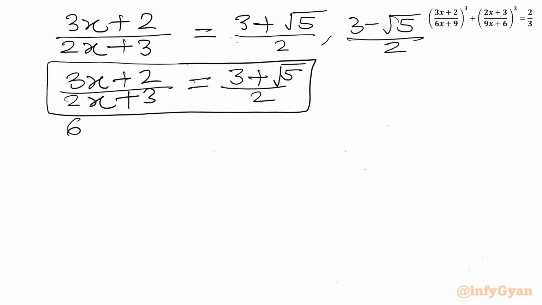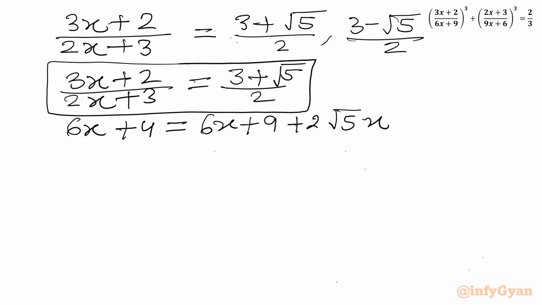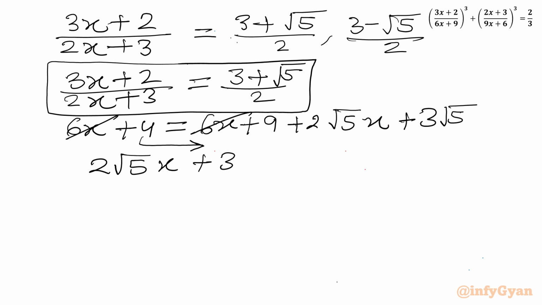Cross multiply, I will get 6x plus 4 equal to 6x plus 9 plus 2 root 5x plus 3 square root 5. Now 6x and 6x will cancel. Now I will take this 4 to the RHS. So it will become 2 square root 5 times x plus 3 square root 5 plus 5 equal to 0. Let us take root 5 common out.